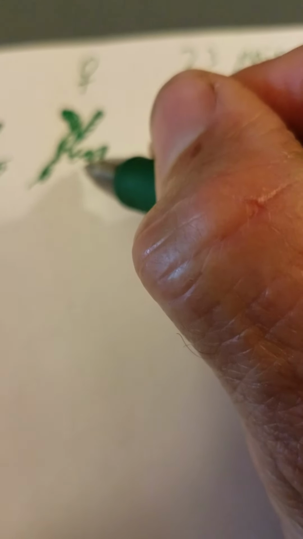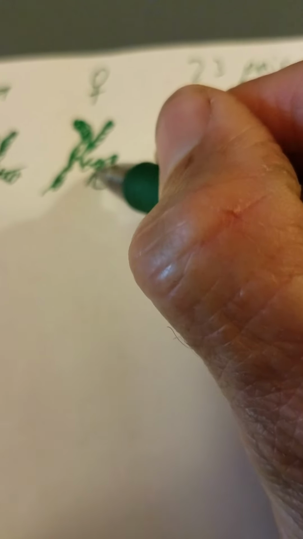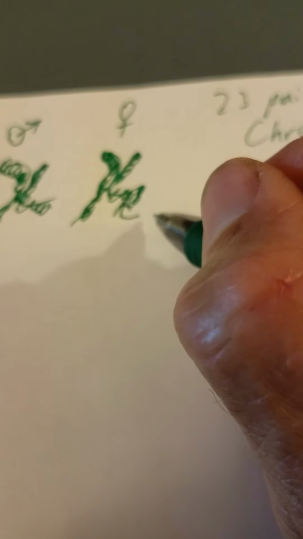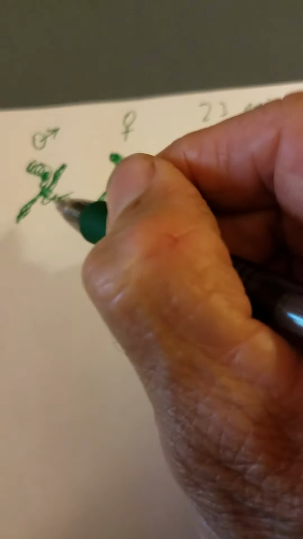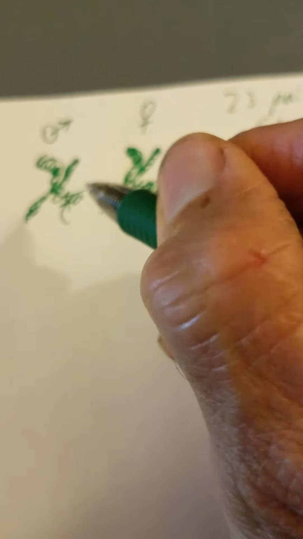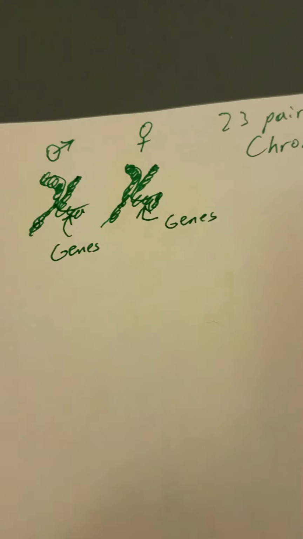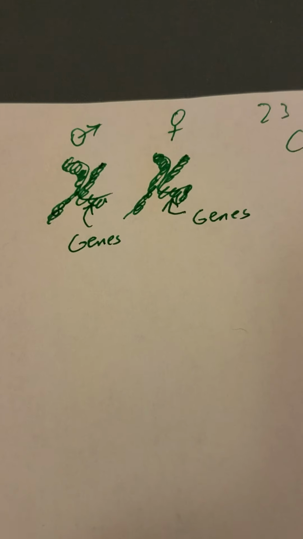So we also know in this DNA that's wound around these, certain little segments of that DNA code for certain traits by coding for proteins. Those are called your genes. And typically the gene for a certain protein is going to be at approximately the same place on each of these chromosomes.